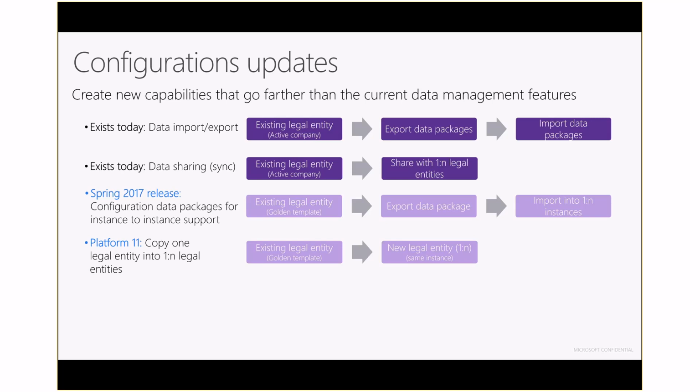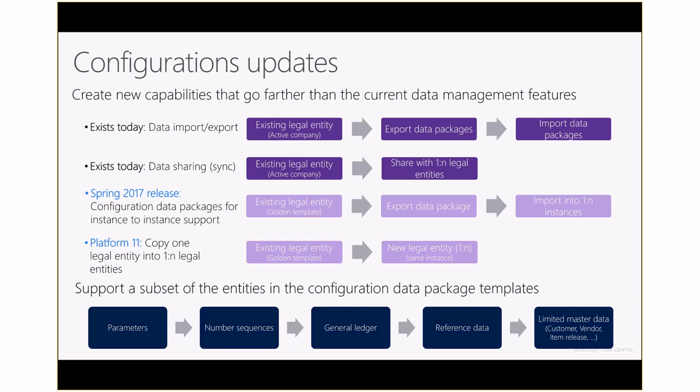The new thing that we added here is copy legal entity, a copy of a legal entity inside the same instance. If you're creating a new legal entity, you can take the parameters, reference and master data from an existing one, copy it over into the new legal entity, and get started. That's what we're going to talk about today. It's an extension of what we released in the spring to finalize our feature set.